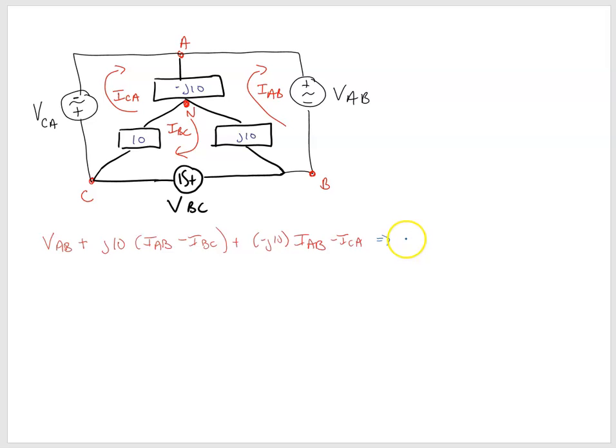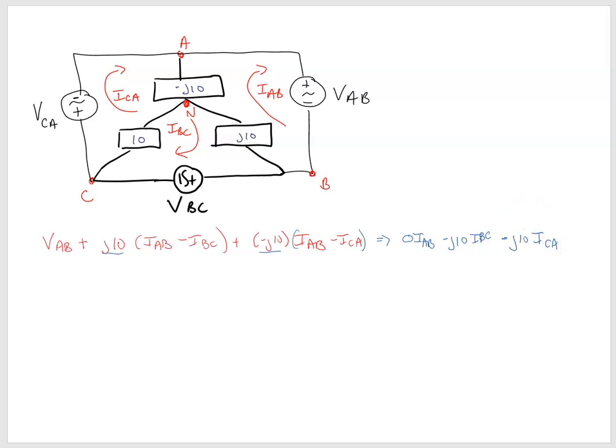for IAB, we end up with our 10 minus J10, right? So we have minus J10 and J10, so we get 0 IAB. And then for IBC, we have minus J10 IBC. And then for ICA, I didn't put the parentheses there, we get minus J10 ICA.